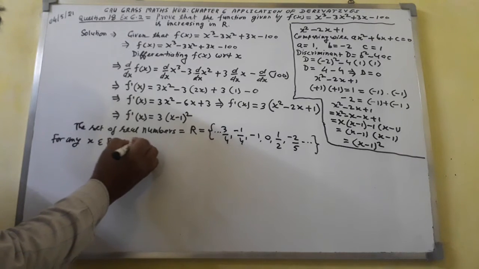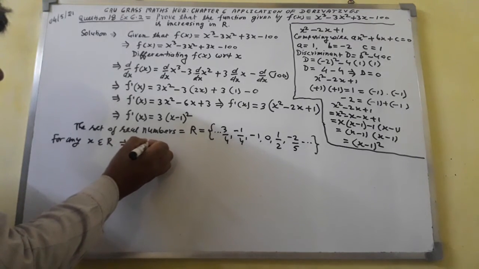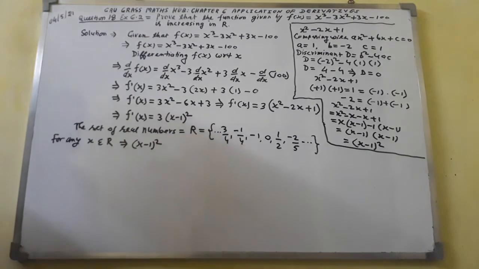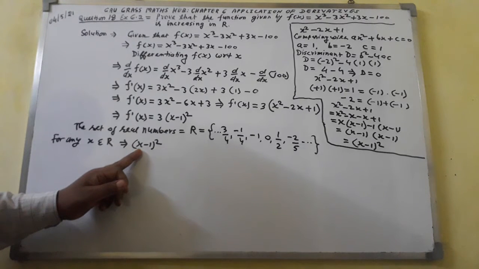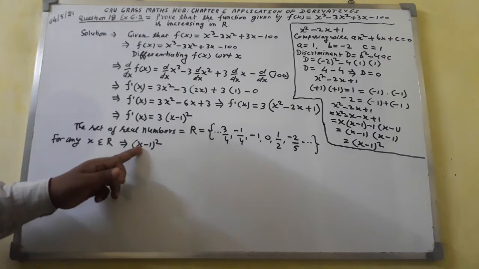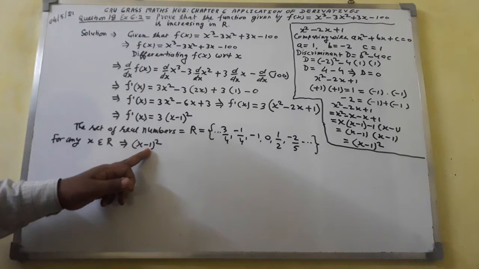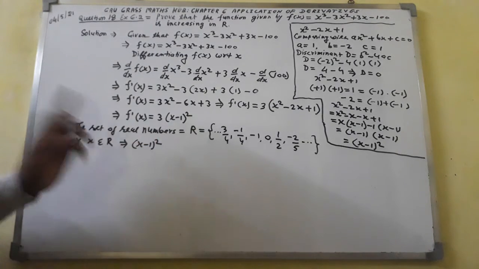Implied that x minus 1 whole square, this term I shall take. So if you take here x is equal to minus 1, the minus 1 means minus 2 whole square comes out to be 4.